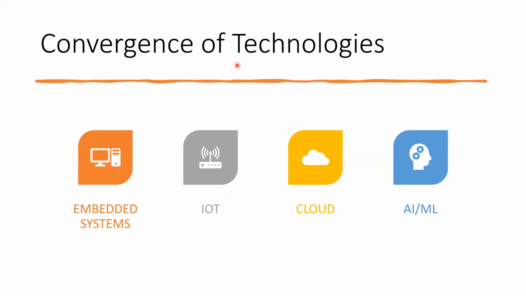So here, as we saw, the different technologies are joining their hands together. Earlier, it was enough if I knew embedded systems, or only IoT, or if I was an AI/ML expert. Now, the ecosystem is important.